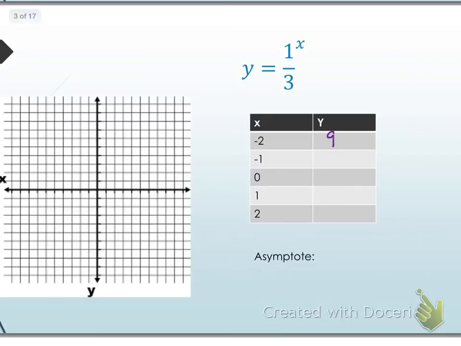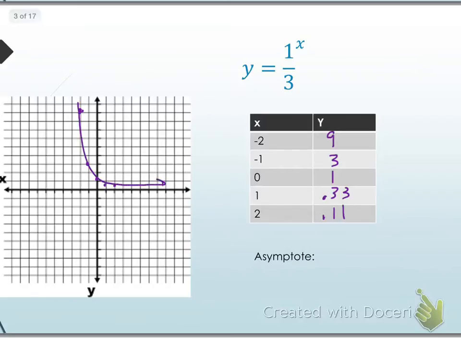Negative 2, I have 9. Negative 1, I have 3. Then 1, 1/3, and 1/9. Okay, so I go left 2 up 9. I go left 1 up 3. I go 0, 1. And then it looks like we're getting closer and closer to 0 again.